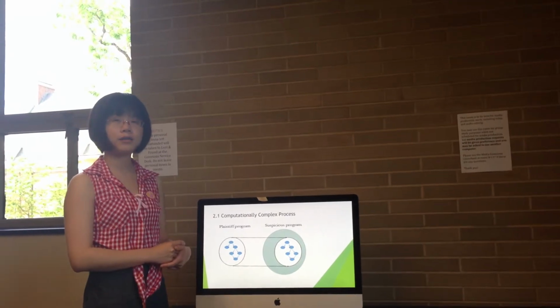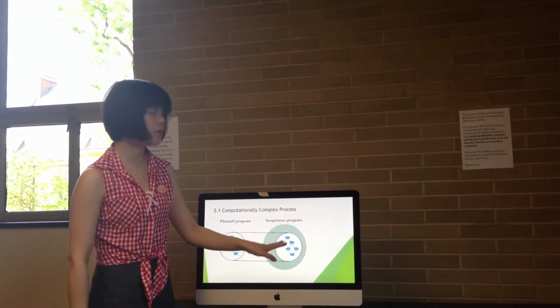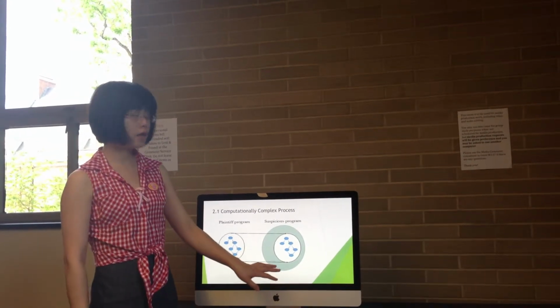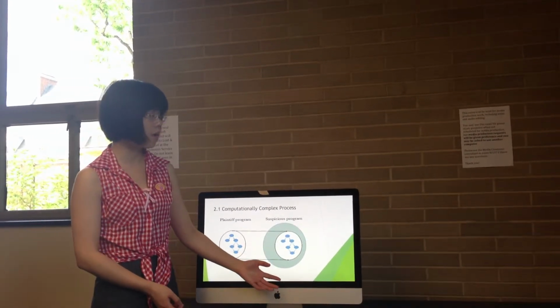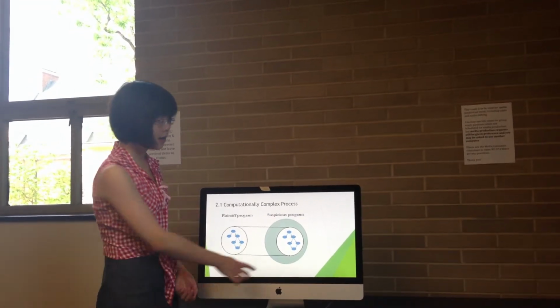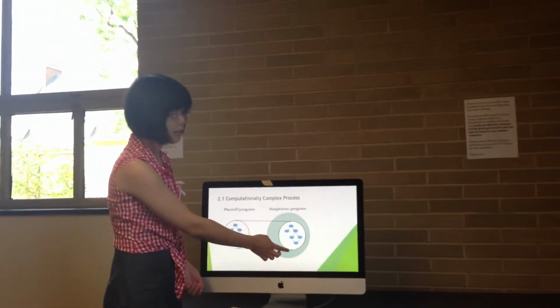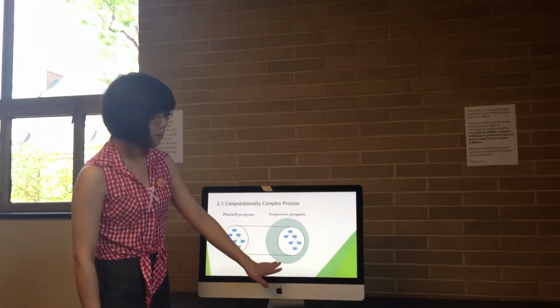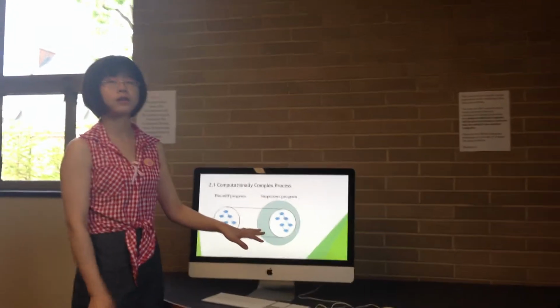Another reason is that sometimes only a part of the suspicious program copies the code from the plaintiff program. Like here, only the white part is copied from the plaintiff program, but the green part is not copied.